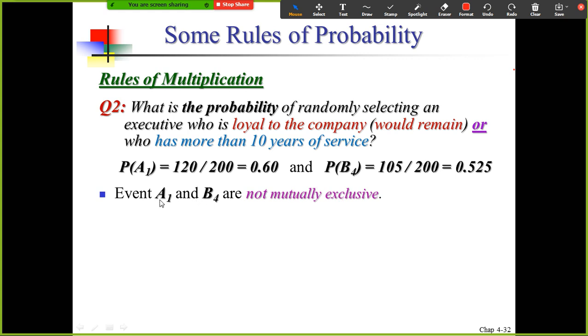That's why A1 and B4 events are not mutually exclusive, because we're talking about "or", about additive. This is additive, not multiplicative. I just make a difference: "and" is multiplication, but "or" is addition.